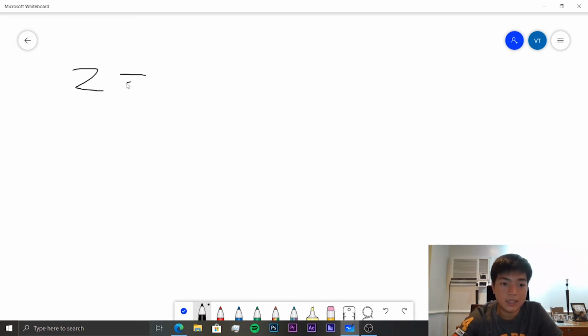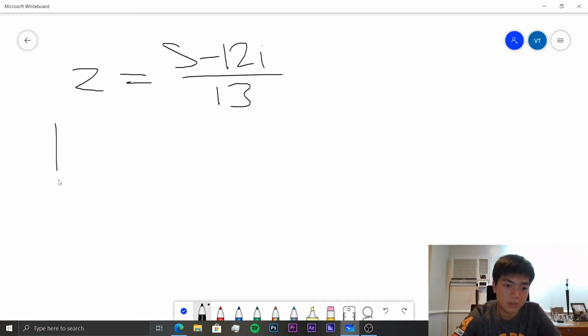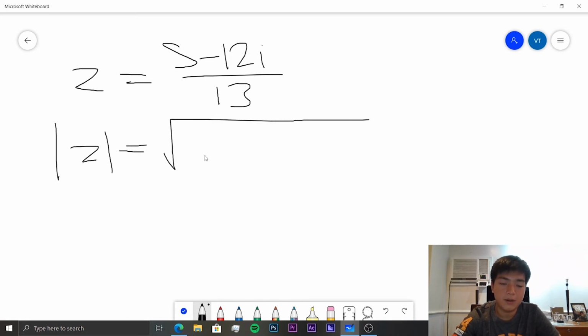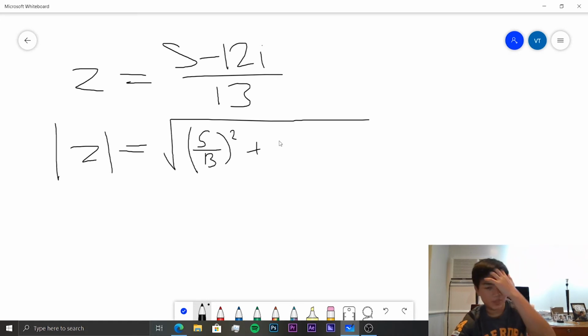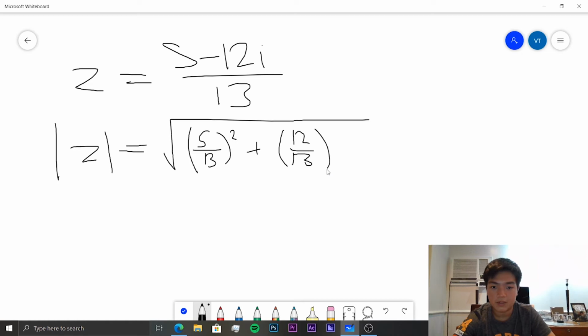So we have z is equal to (5 minus 12i) over 13. Well, what's the modulus of z? The modulus of z would be equal to the square root of the real part, which is 5 over 13 squared, plus the imaginary part, which would be 12 over 13 squared.